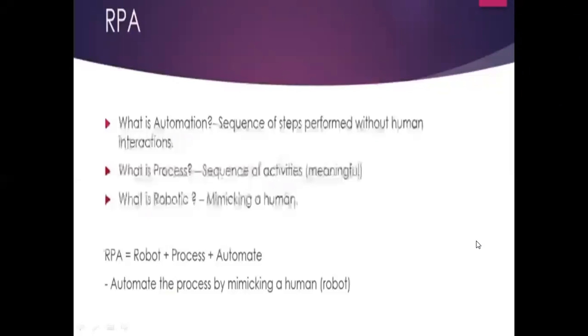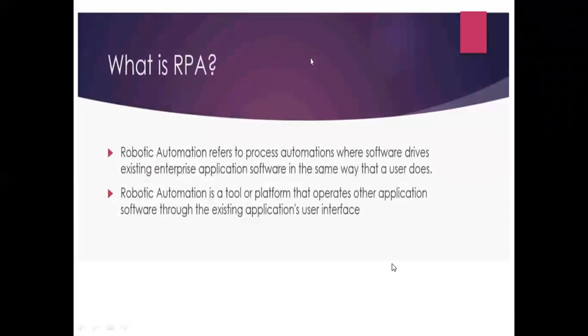We don't use the word robotic; when working in a project, we call it a bot. And now here is a book definition. As per the book, RPA, robotic automation, refers to process automation where software drives existing enterprise application software.